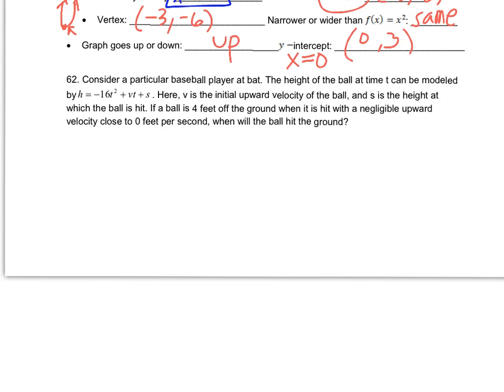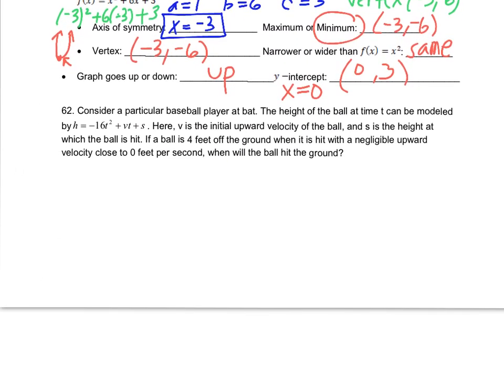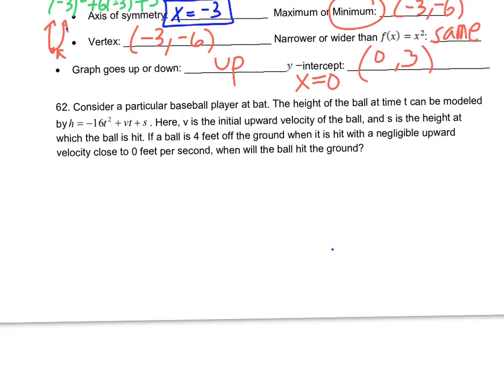In problem number 62, they are asking you for another real life word problem. So let's start here where it says consider a particular baseball player at bat. The height of the ball at time t can be modeled by this equation, where v is the initial upward velocity, which is this v here, and s is the height at which the ball is hit, which is the s.